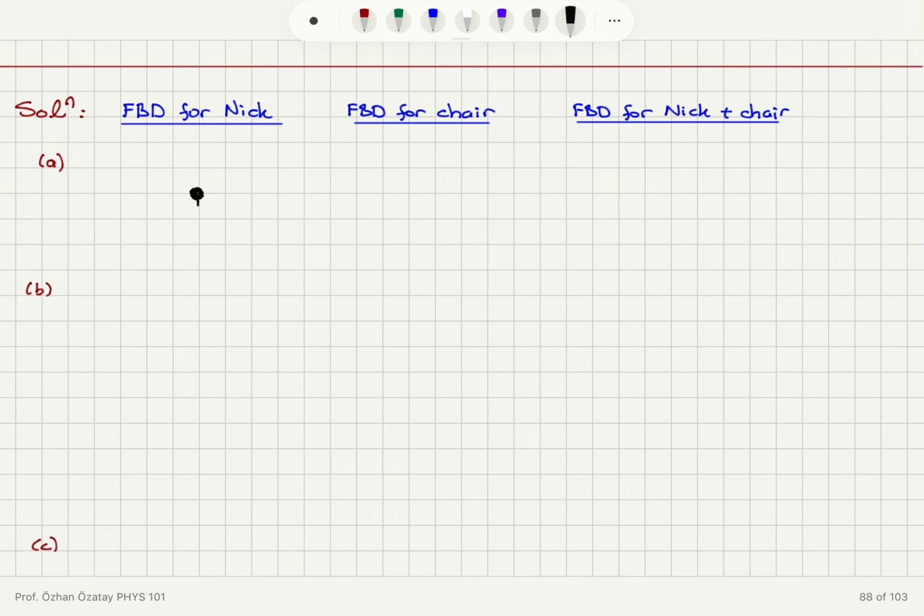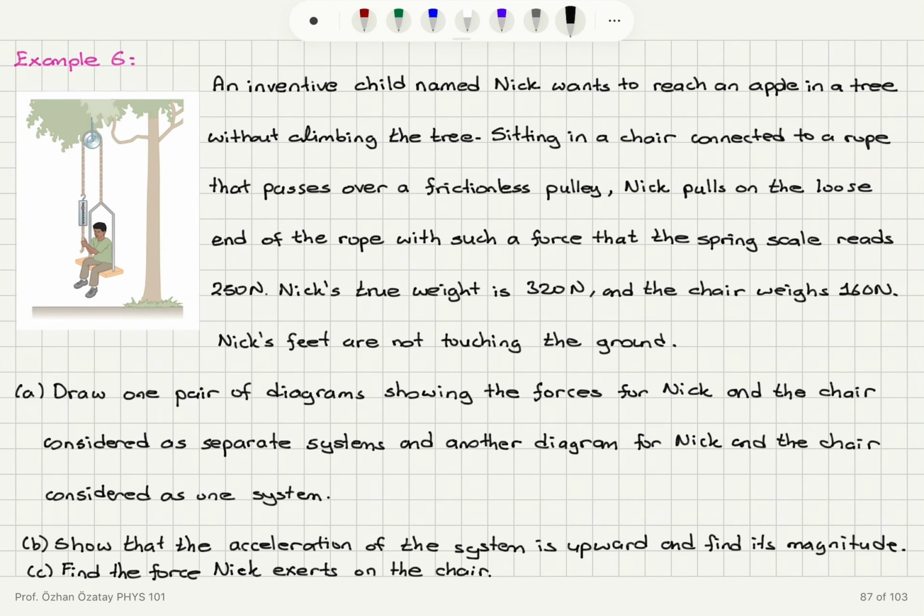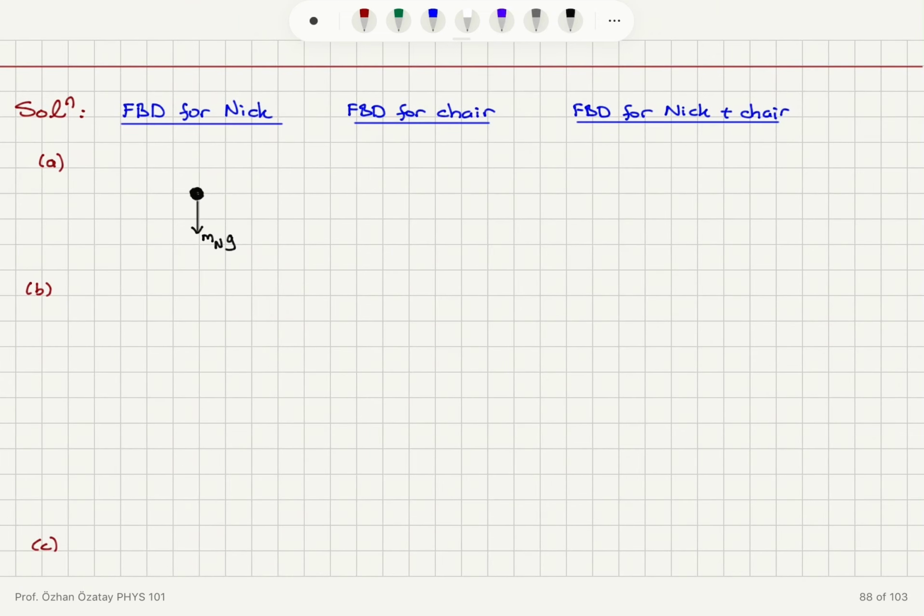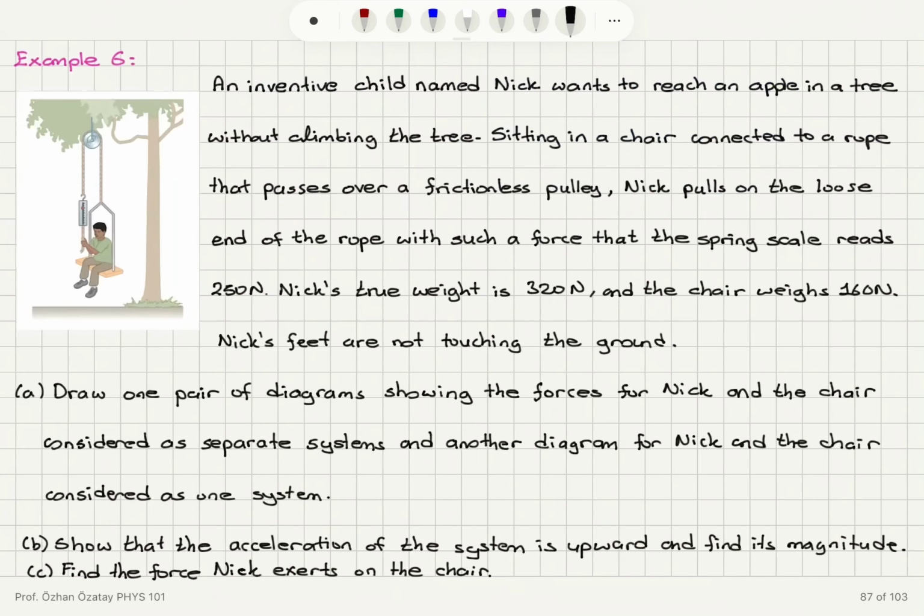Well, first of all, Nick has a weight. So we have a mass of Nick times G. Now, Nick is sitting on this chair, so the chair must be exerting a normal force on Nick. So we have to have a force exerted by the chair on Nick, FCN.